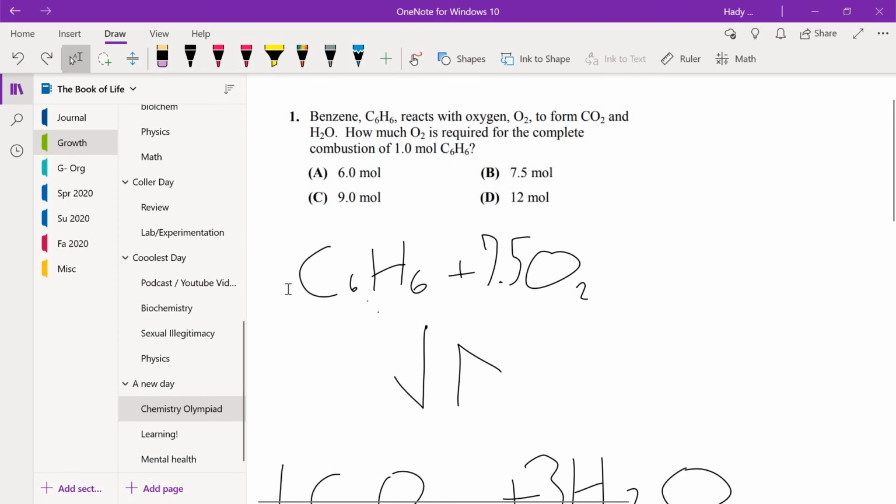So for every 1 mole, you're going to need about 7.5 moles. And you can have that because a mole is a larger number. It's 7.5 times 6.02 times 10 to the 23rd. So it's that many groups of the atom. So the 0.5 doesn't really matter anymore. The decimals won't really matter.